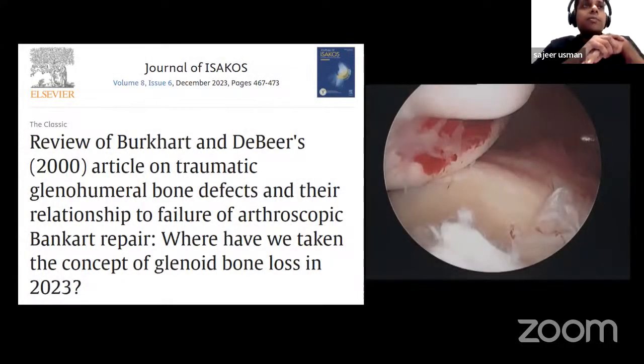The second point, which they pointed out, and which has been further reviewed in a recent Journal of ISAKOS article called The Classics, they reviewed this 2000 article by Stephen Burkhart and Jody De Beer, and they were understanding how good this article was in analyzing bone deficiencies.